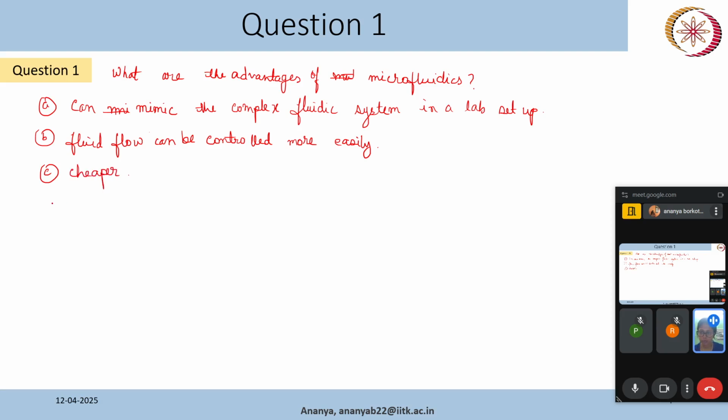Cost is obviously one factor when we decide on a sensor. And the last option is all of the above. So what is the answer? D. Yes, D is the correct answer, all of the above.